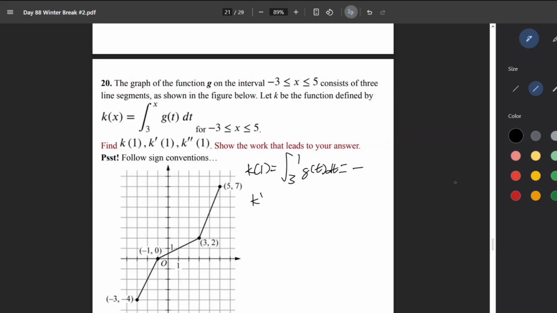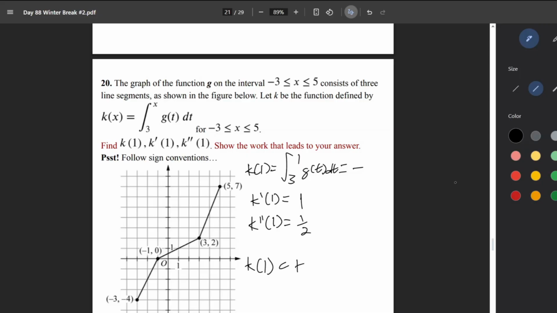And then k dash of 1 is just the value. So k of 1 is negative, and k double dash of 1 equals 1/2. Thankfully we didn't have to do the integral there since it was negative.